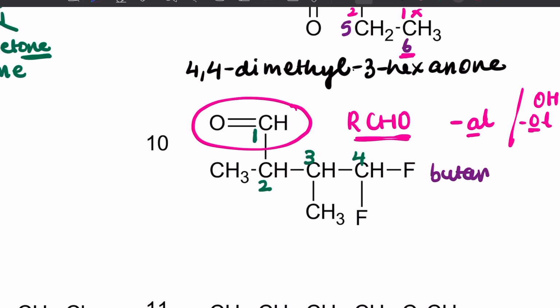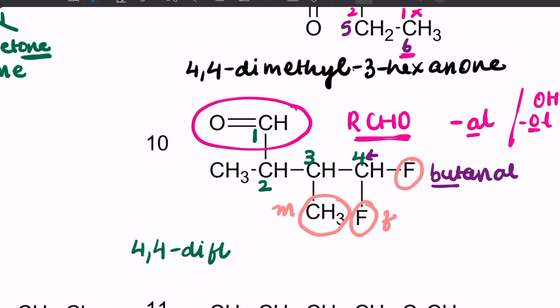Butane, because you have 4 carbon atom chains, and then you've got some substituents on that butanal. You've got 2 fluorine groups, you've got 1 methyl group, M, F. F comes before M in the alpha order. So the name of this compound becomes 4,4-difluoro-2,3-dimethylbutanal, and I just noticed I forgot to circle that, dimethyl.